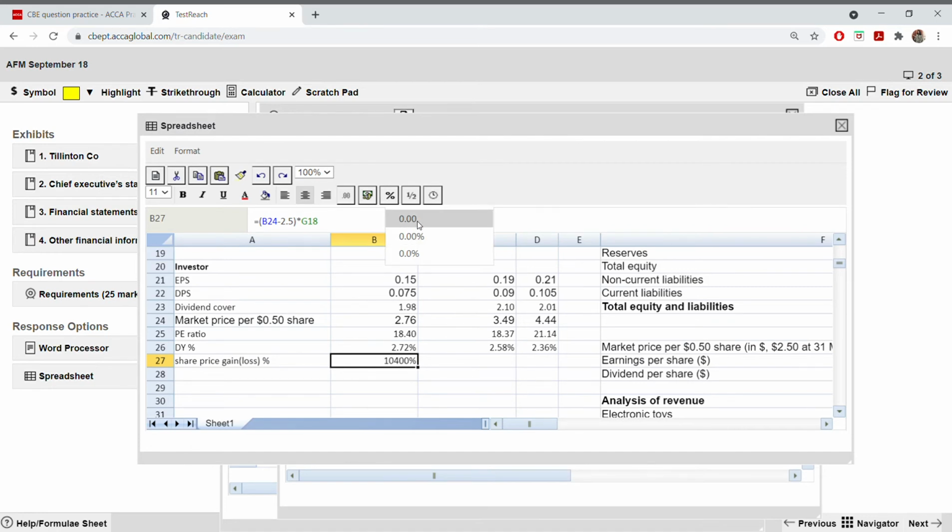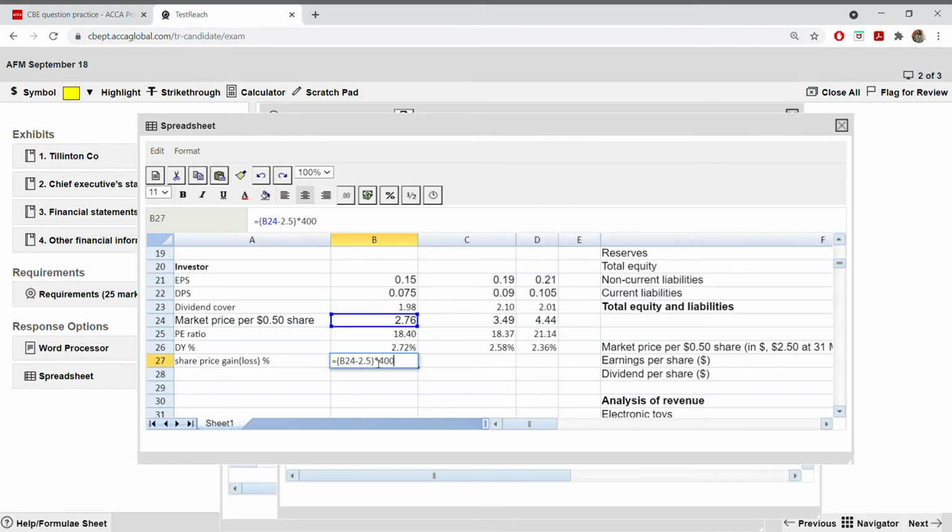Sorry. It will be 10.4. So multiply it by 400 because that is this thing.